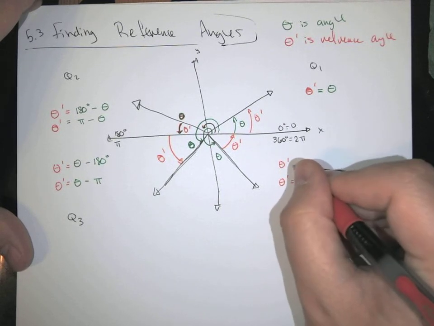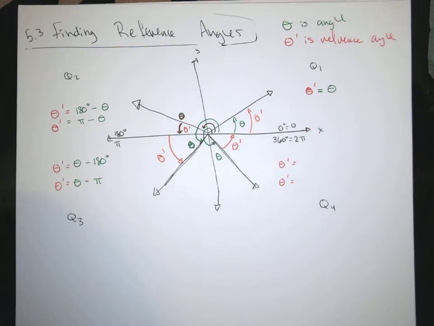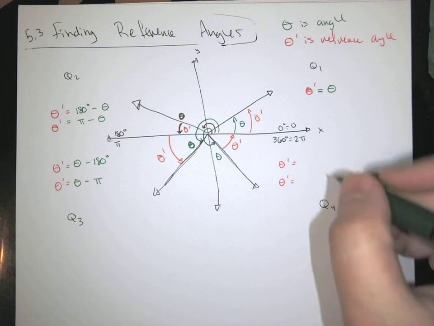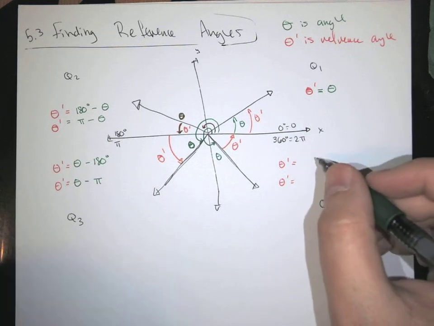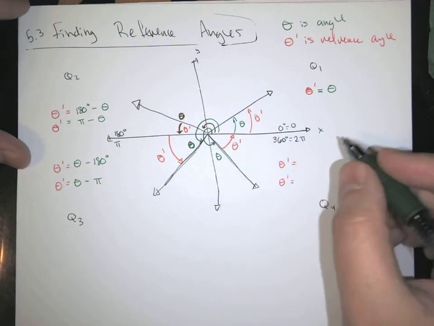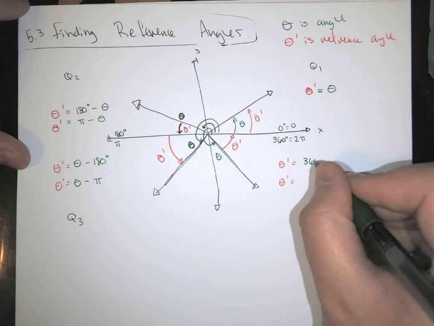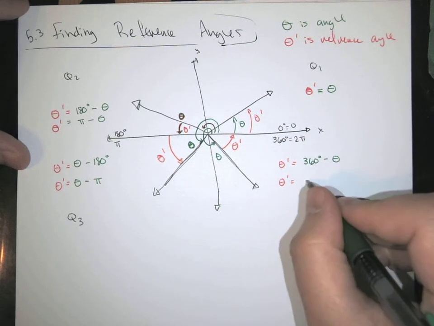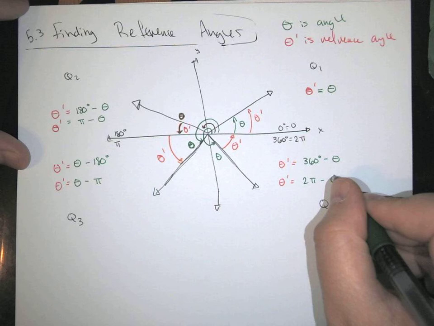This is similar to the setup in quadrant 2. So this is going to be 360 minus the original rotation. We need that difference. So 360 degrees minus theta, or if we're in radians, 2 pi minus theta.